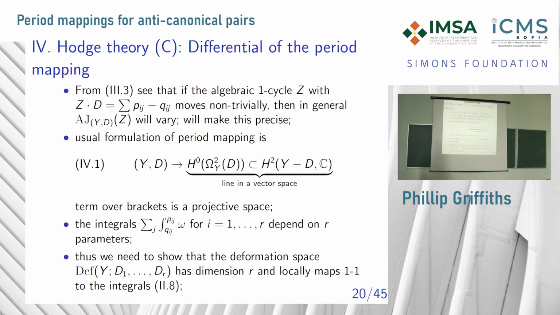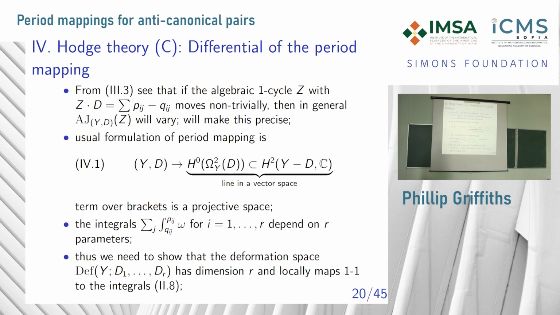The line is just the image of this form omega. It's the one-dimensional subspace represented by this differential form with a log pole on the cycle. So it's a line in a vector space.